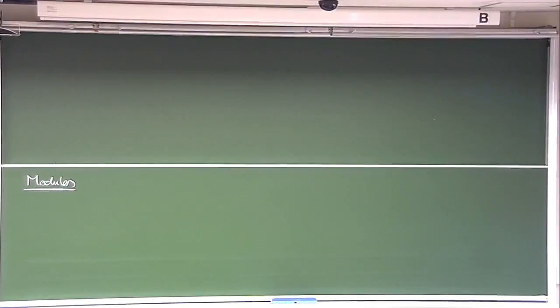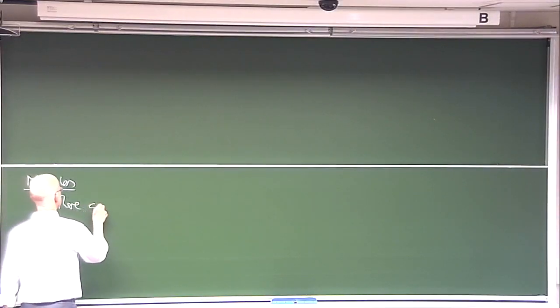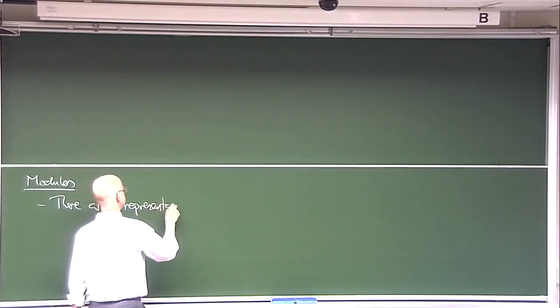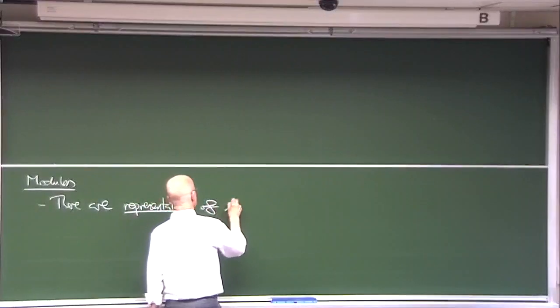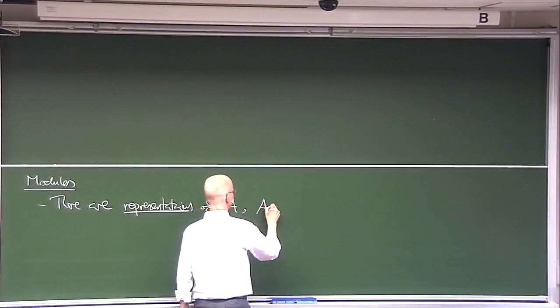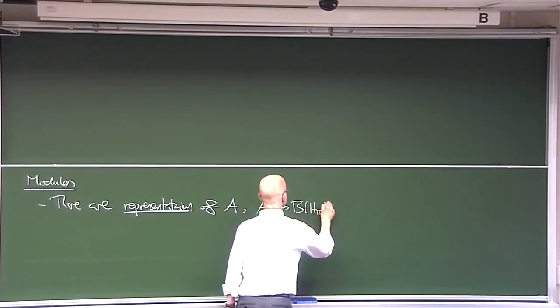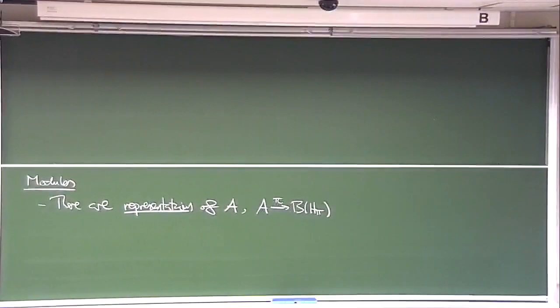Of course, one natural class of modules are the representations, that is to say the C-star algebra homomorphisms from A into bounded operators on a Hilbert space.